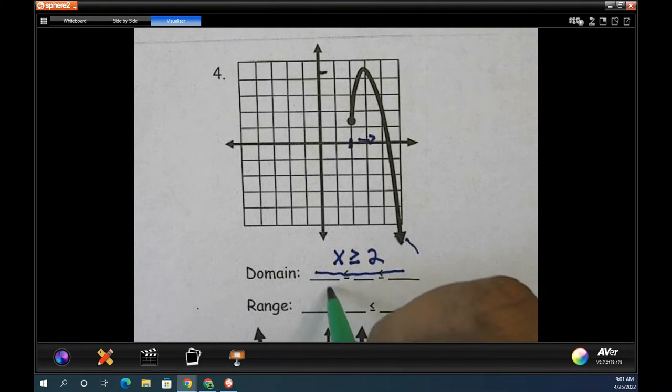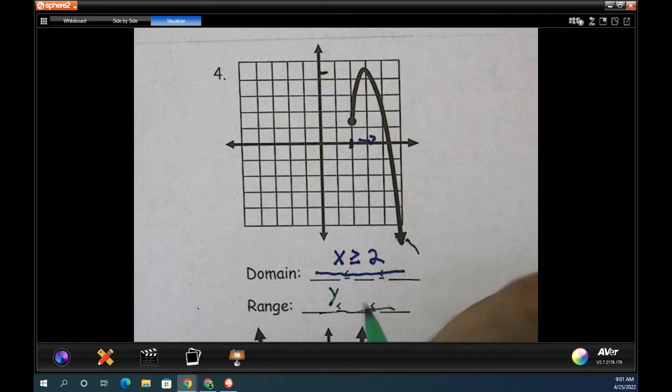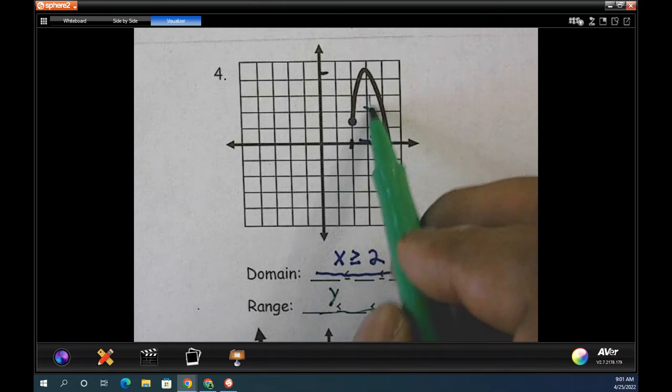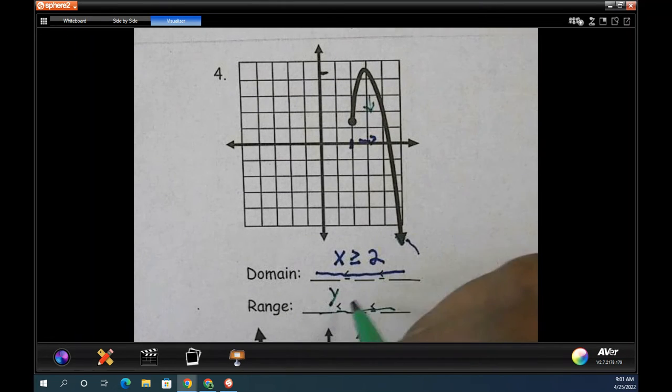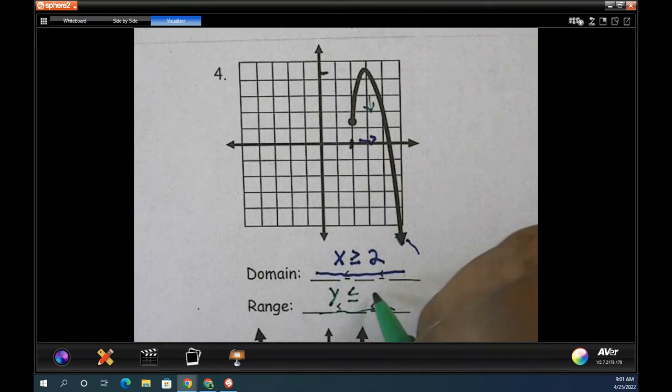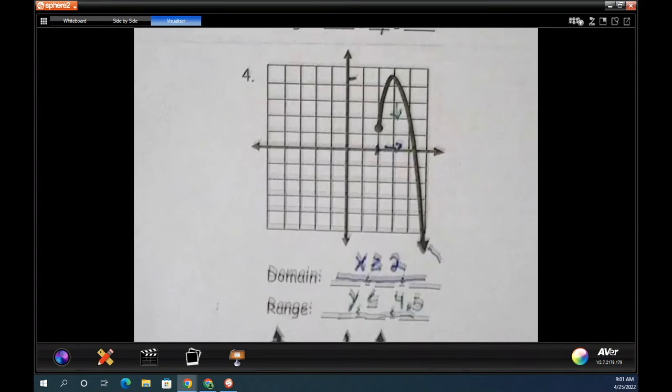Now, we know it's y, mark that out, and the numbers are getting smaller because it's going down. Y is less than or equal to, because it goes through the point, and let's just say 4.5. Okay.